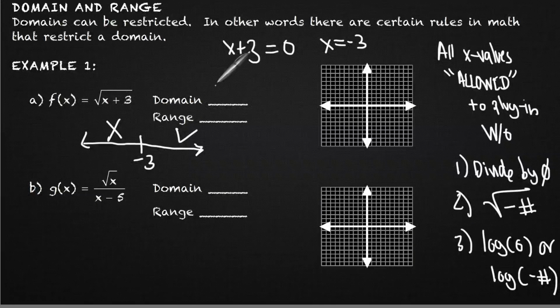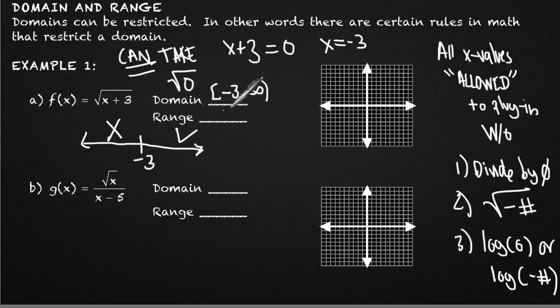And what you'll put is a bracket, -3 all the way to infinity. So this whole region right here is valid. You do want to put a bracket on -3 because you're telling yourself, yes, I can use -3. -3 plus 3 is 0, and I can take the square root. Very important, because students always ask that question. You can take the square root of 0.